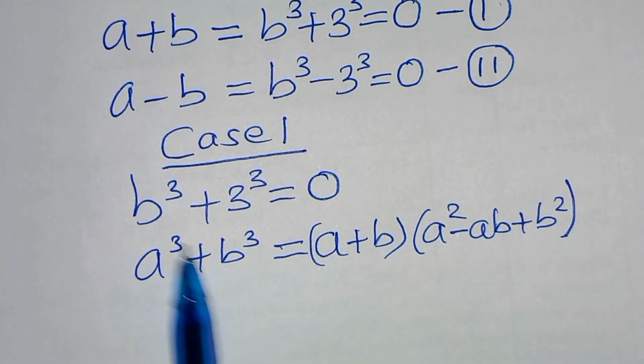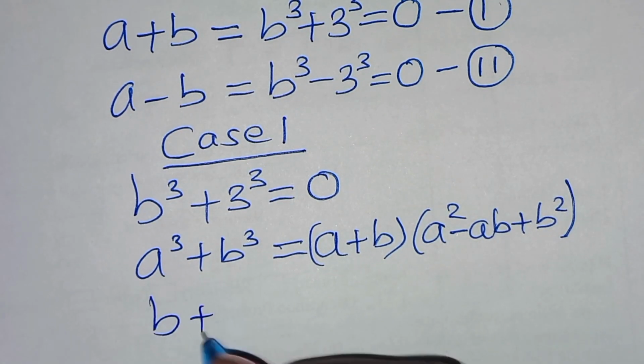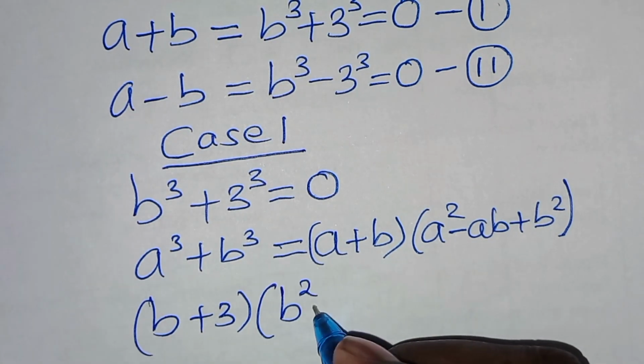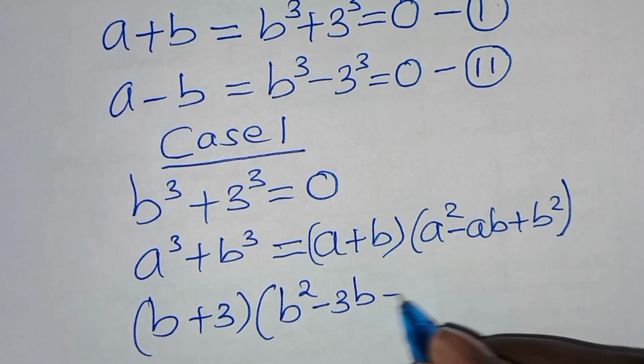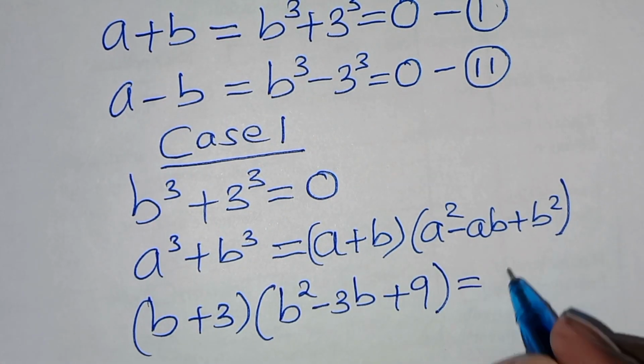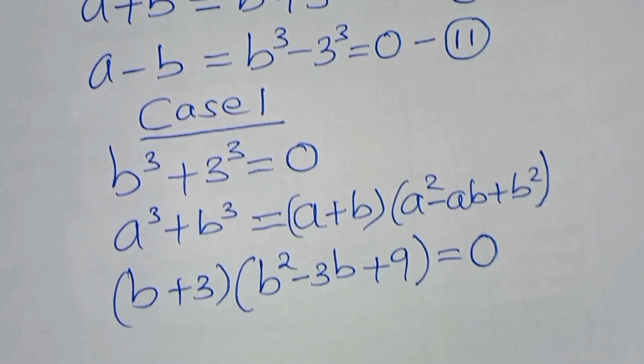Applying this identity, here we have b plus 3 times b squared minus 3b plus 3 squared, which is 9, equal to 0.